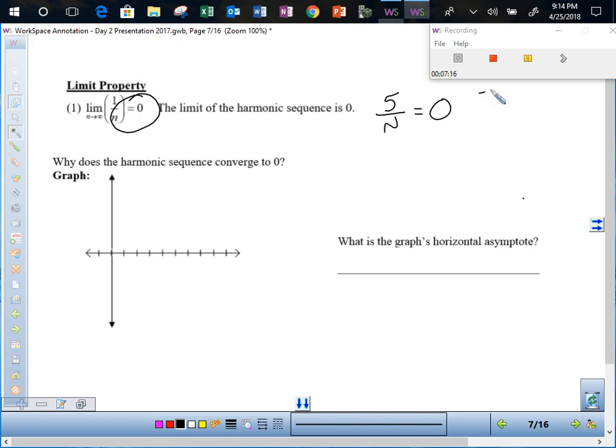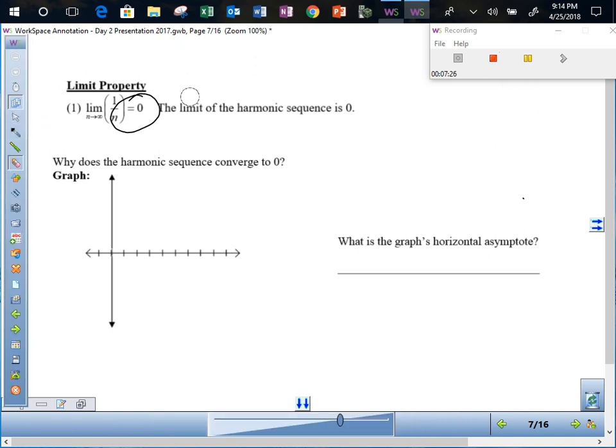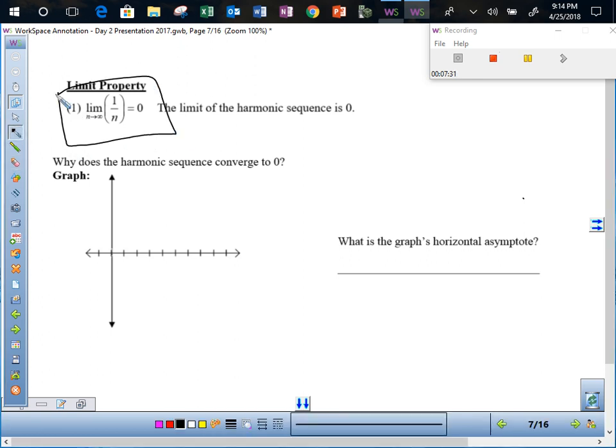If I ask you negative 3 over n, the biggest power is in the denominator, so it's also going to approach 0. So there's one of our main formulas. The limit as n approaches infinity of 1 over n is going to be 0.